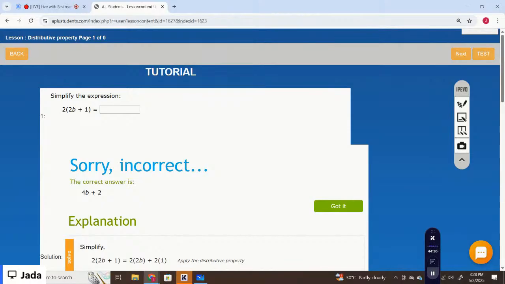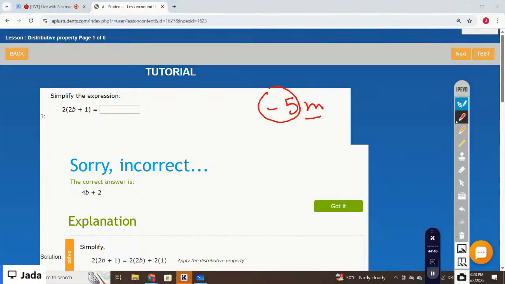Simplify the expression 2 times 2b plus 1. So you have to multiply 2 times each term. Basically, that is the distributive property.